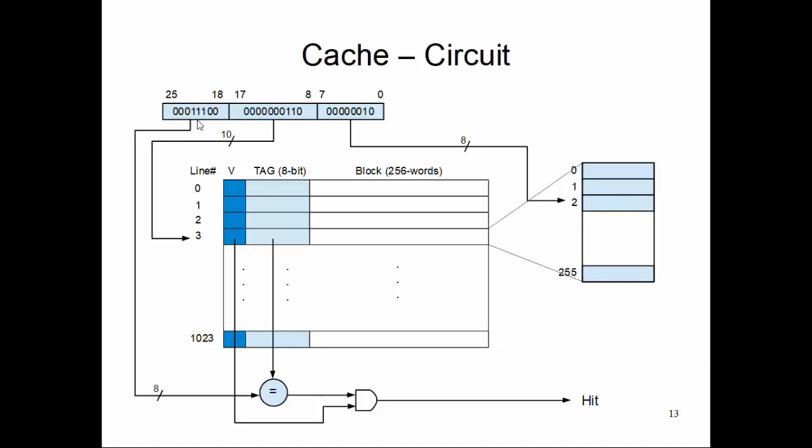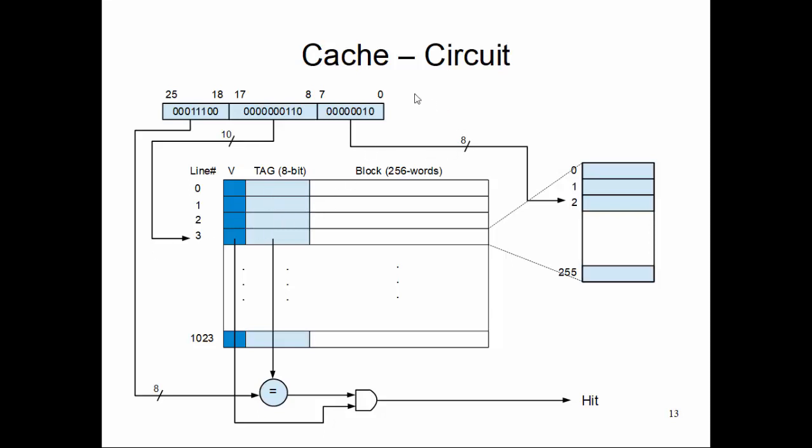The remaining 8 bits become your div operation result, which is the tag by definition. So these 8 bits, from bit 18 to 25, become my tag, which I need to compare with the tag stored in that cache line.